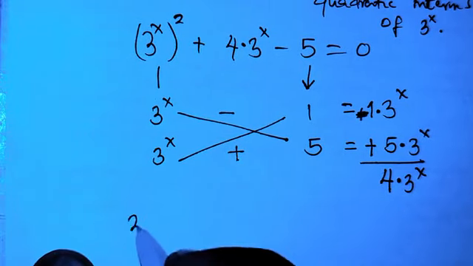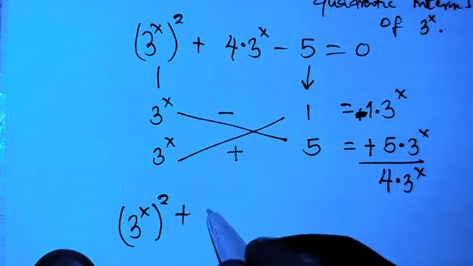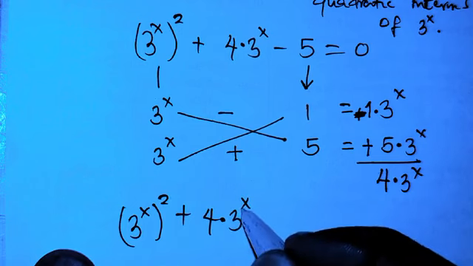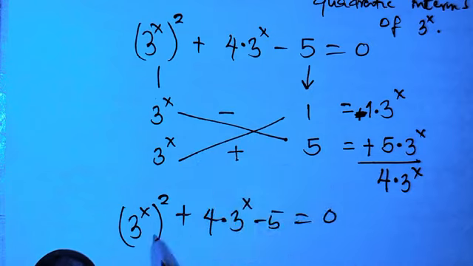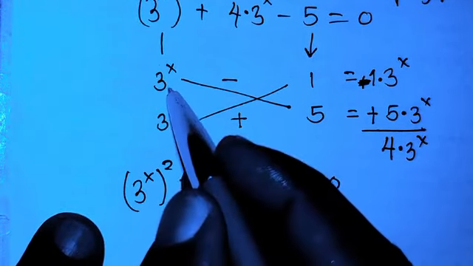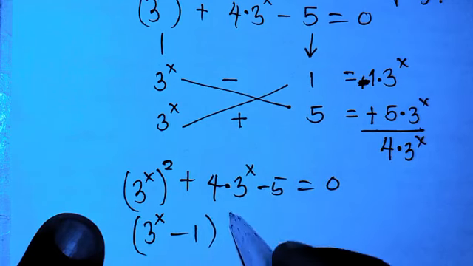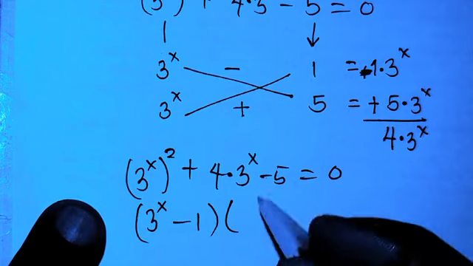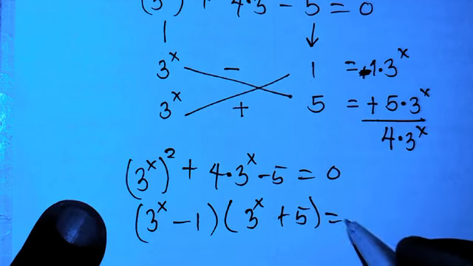We are going to have 3 to the power x raised to the power 2 plus 4 times 3 to the power x minus 5 equals 0, which is now factorized as, taking this one horizontally, 3 to the power x minus 1, then 3 to the power x plus 5, equals 0.